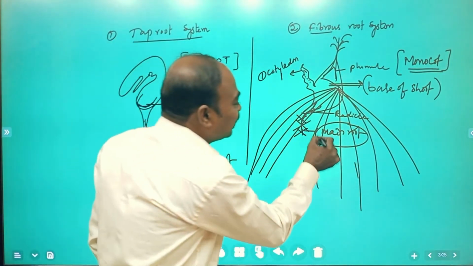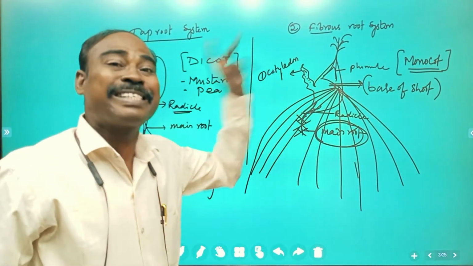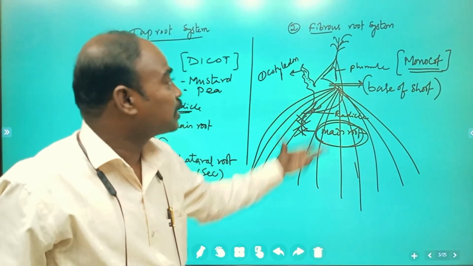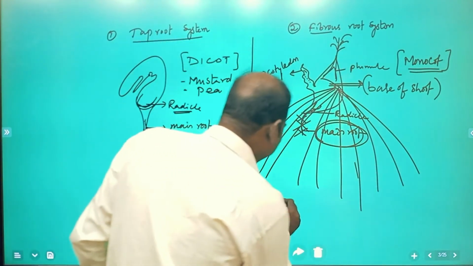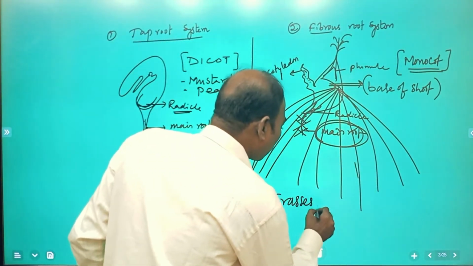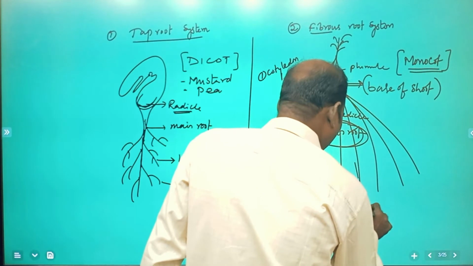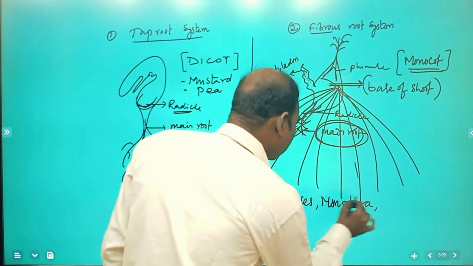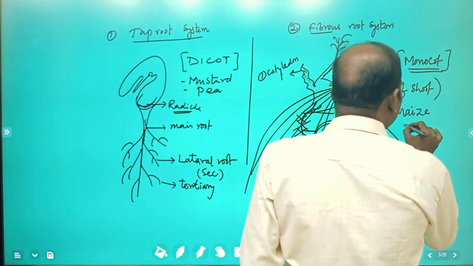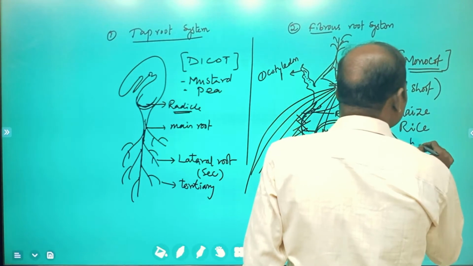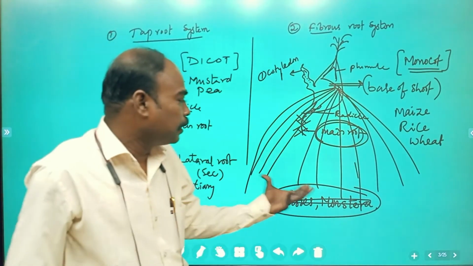So after the disintegration of the main root, a number of identical roots developed from the base of the stem or shoot system are known as fibrous roots, found in monocotyledonous plants such as grasses, maize, rice, wheat, etc. These grasses and monstera are examples of adventitious roots.